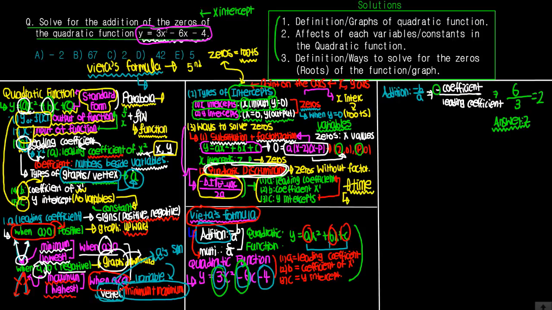So we could actually prove and apply our formula to finding zeros, our roots, our x-intercepts in our quadratic function problems, because finding the zeros or the addition of the zeros will be the most frequent question in quadratic function problems in the SAT.